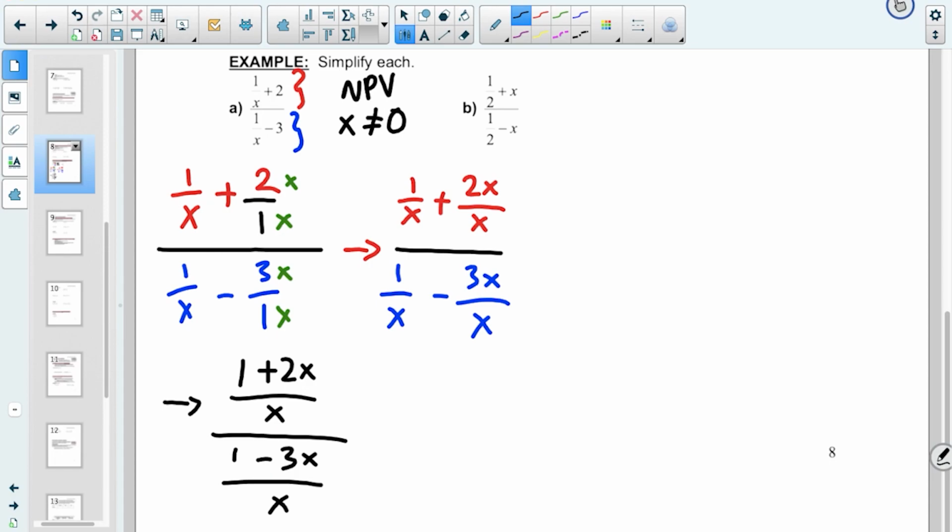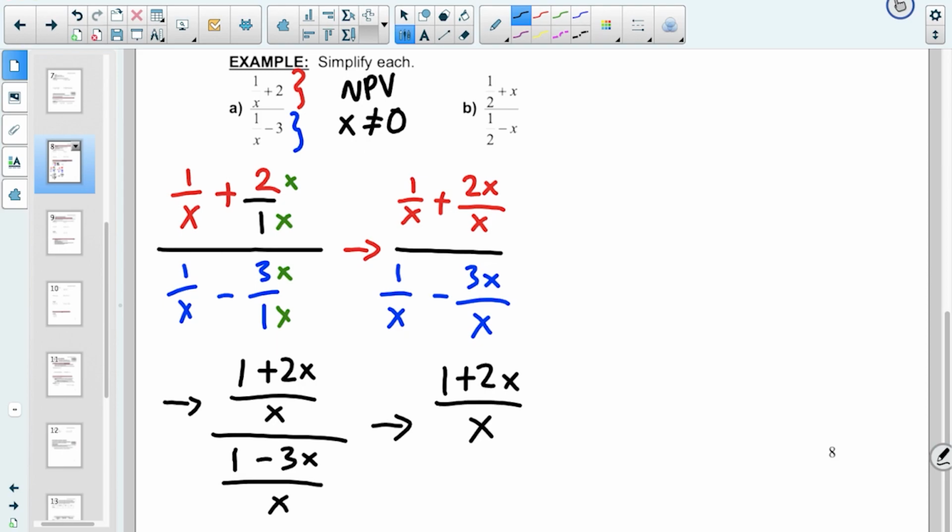So we don't have any new NPVs yet because we can see that x is still our denominator in both rationals there, so we don't have to worry too much about that. And from there, we're going to go ahead and rewrite this so that our fraction on top, 1 plus 2x over x, stays the same.